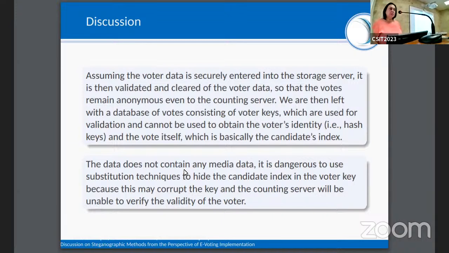In this situation, the data does not contain any media data. It is dangerous to use substitution techniques to hide the candidate index in the voter key, because this may corrupt the key and the counting server will be unable to verify the validity of the voter.